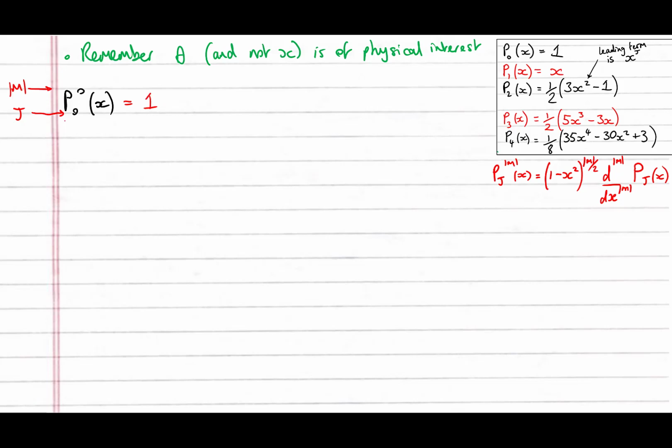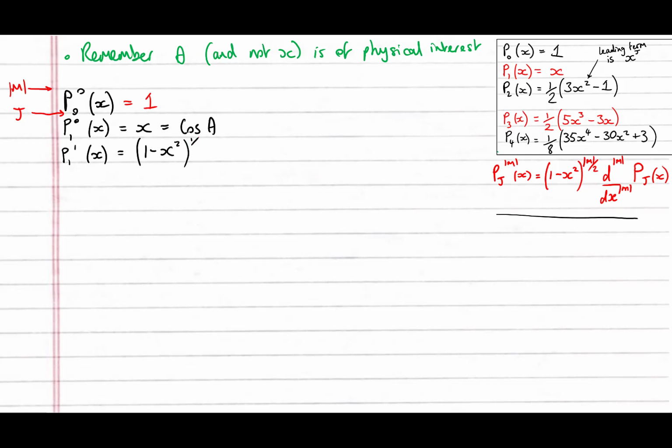Let's change color and we'll start to work on when J is equal to 1 and M is equal to 0. So we've seen this already, and that's equal to simply X. And now the important thing here is, of course, we are converting back to theta. So X is equal to cosine theta. So we keep going with our associated Legendre functions. Now J is equal to 1 and M is equal to 1. So again, if we use our equation over here, we've got the 1 minus X squared.